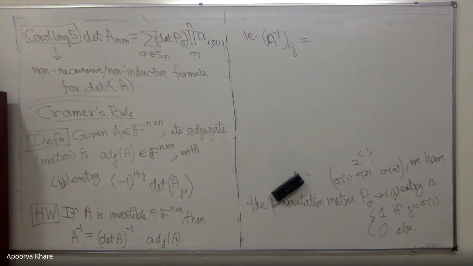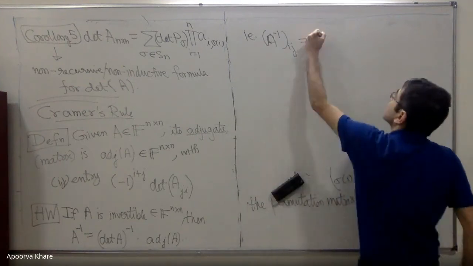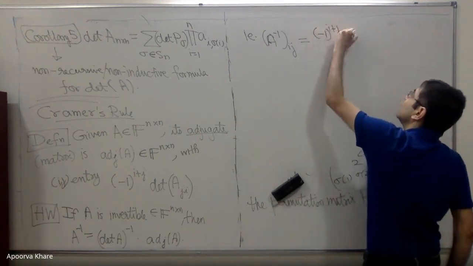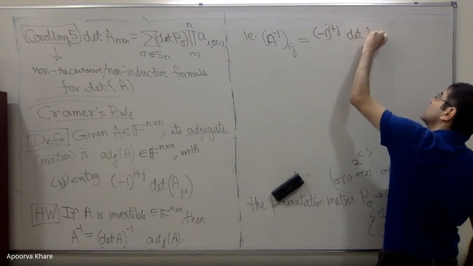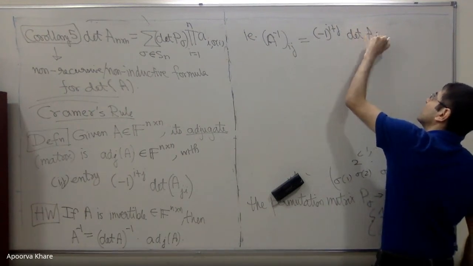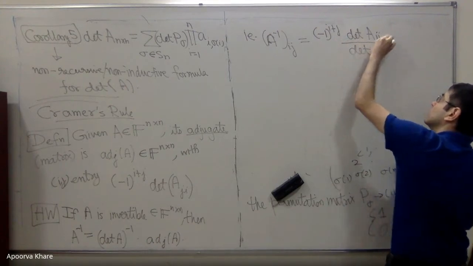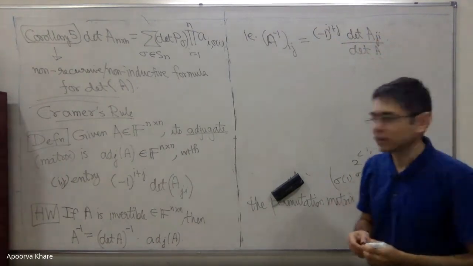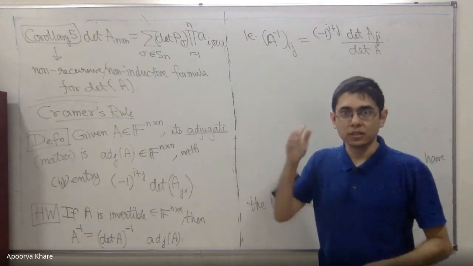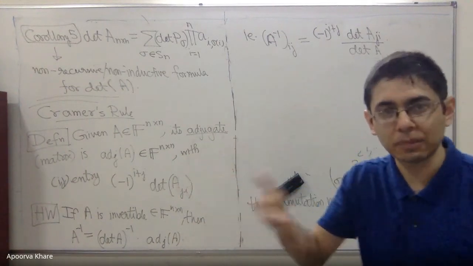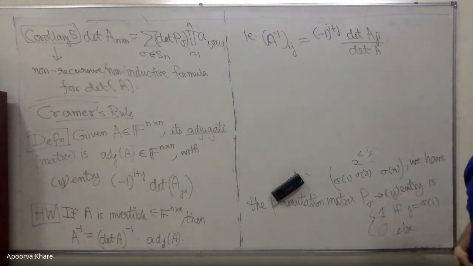It is minus 1 to the i plus j, that A ji, divided by that determinant of A. There are no fractions in a general field, but divided by just means multiply by the reciprocal. That's homework.